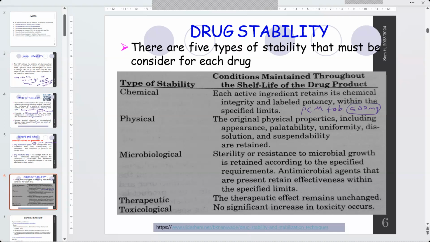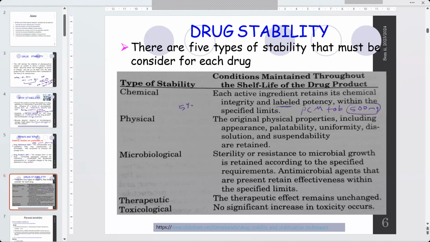When I talk about chemical stability, I want this amount of paracetamol in the tablet to be stable during the shelf life, not to decrease by a big amount, but if it decreases, within specific limits, not more than 10% decay. Okay, in some drugs, even the allowed decrease is only 5% from the labeled potency.